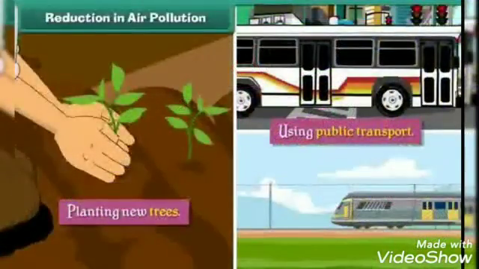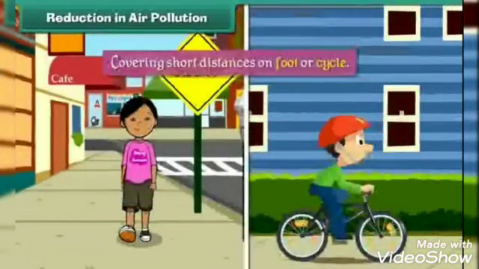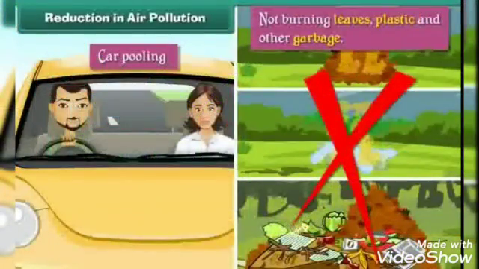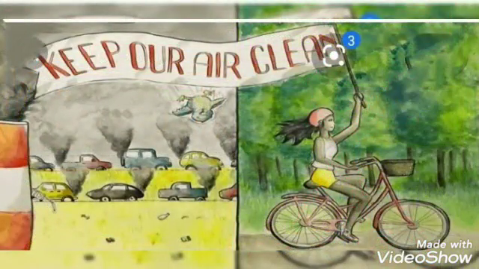We can do so by planting new trees, using public transport, covering short distances on foot and cycle, carpooling, not burning leaves, plastic and other garbage. Thus, we should try to keep air clean to stay healthy.